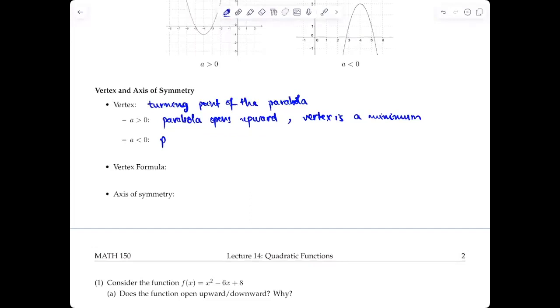When a is less than 0, the parabola opens downward. The vertex is a maximum.